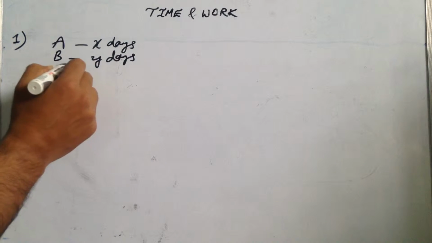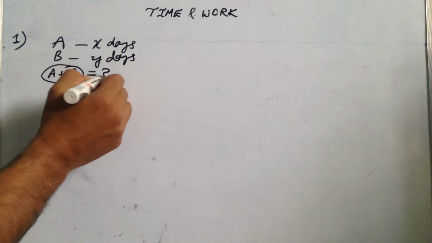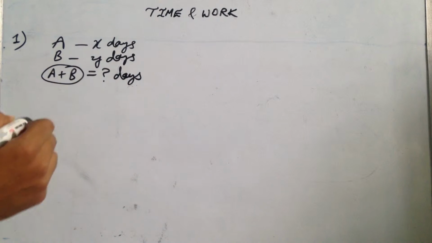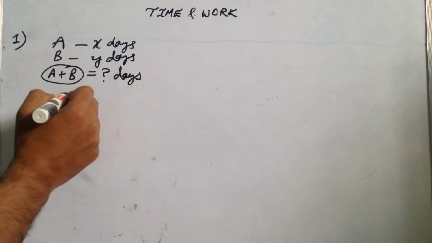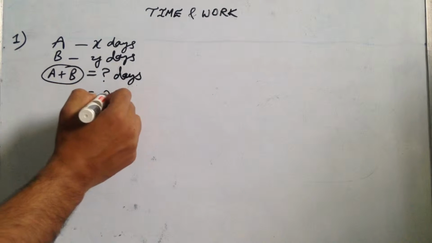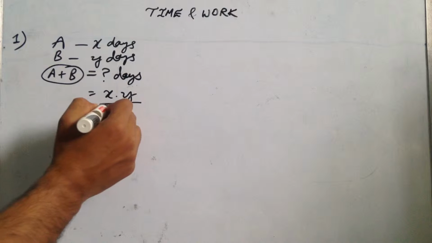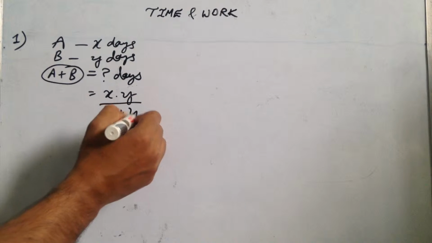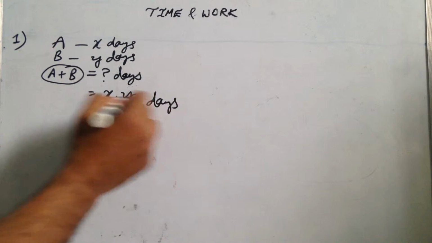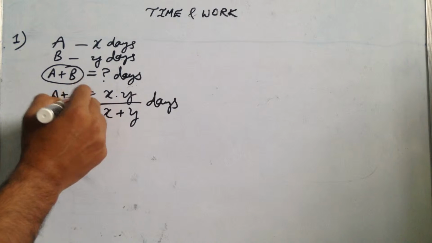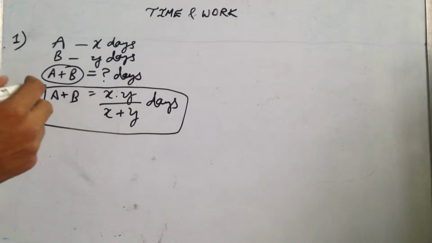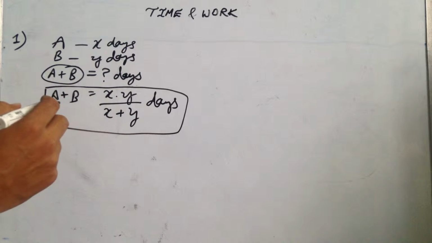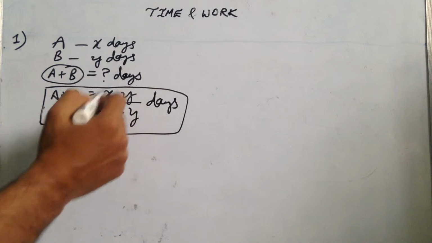That is, if they are working together, how many days will they take? For this type of question, we should always remember the formula. So it means A plus B, if they are working together, will take this many days.